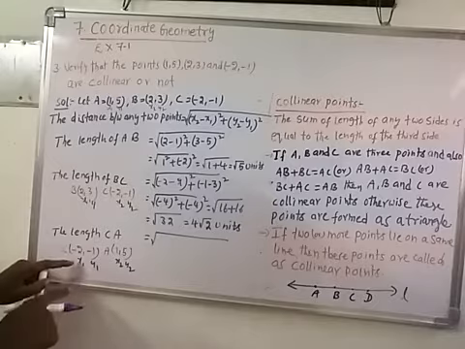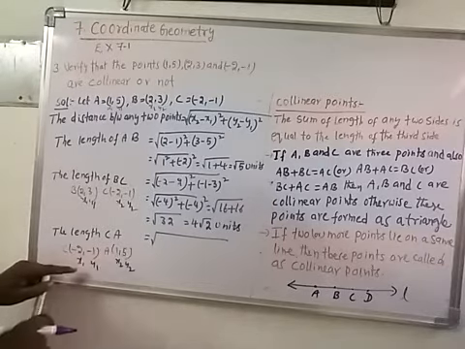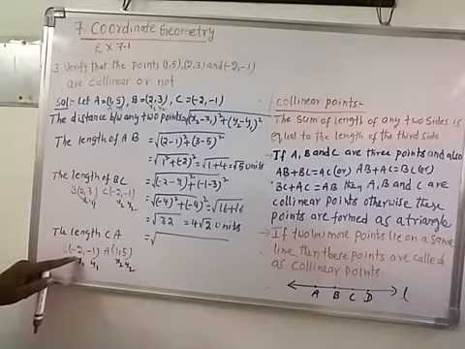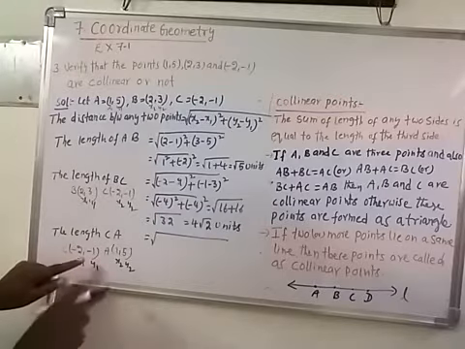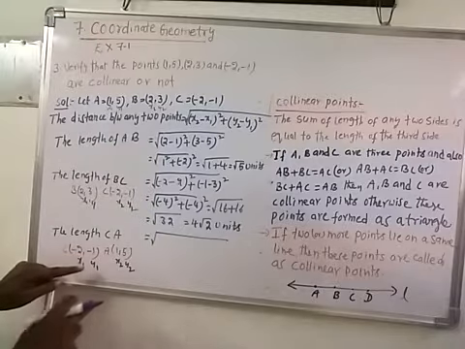So C is (-2, -1) and A is (1, 5), where x1 is minus 2, y1 is minus 1, x2 is 1, y2 is 5.